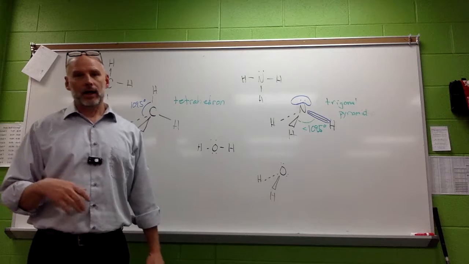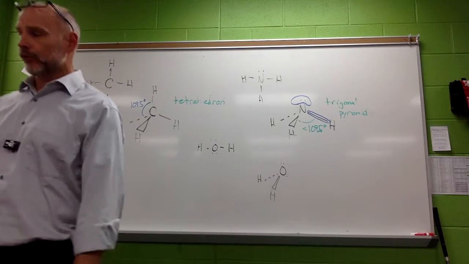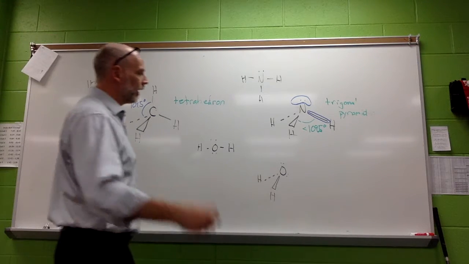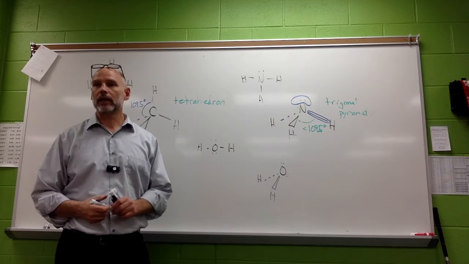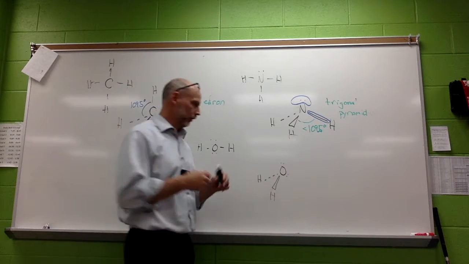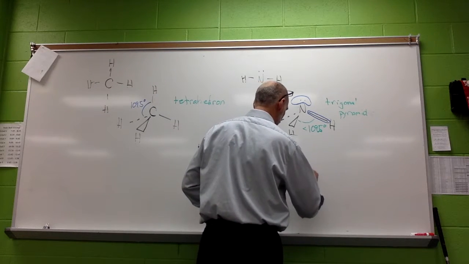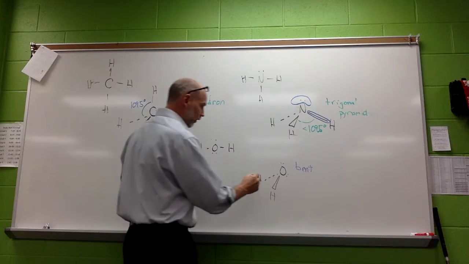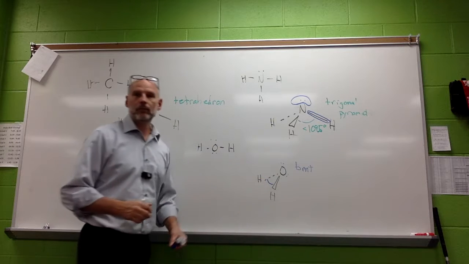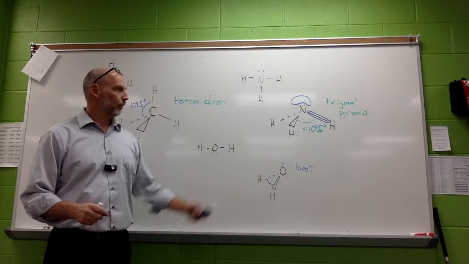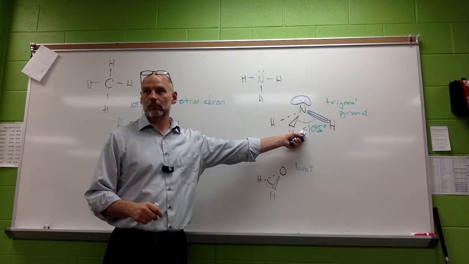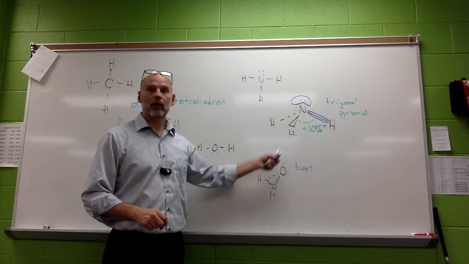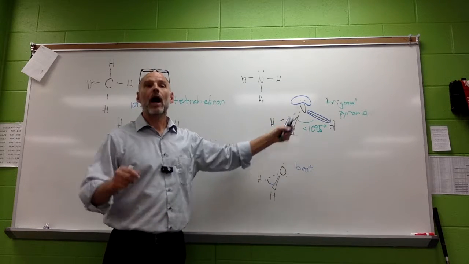Now, I'm going to go out on a limb here. First of all, what is the name of the molecular geometry? Bent. Okay. And what is this bond angle? Less than 109.5. But so is that. Is this different than that?